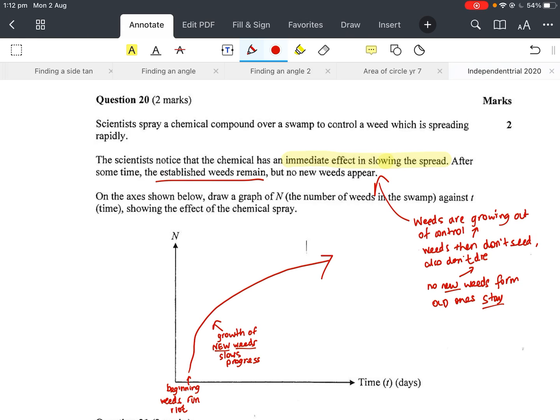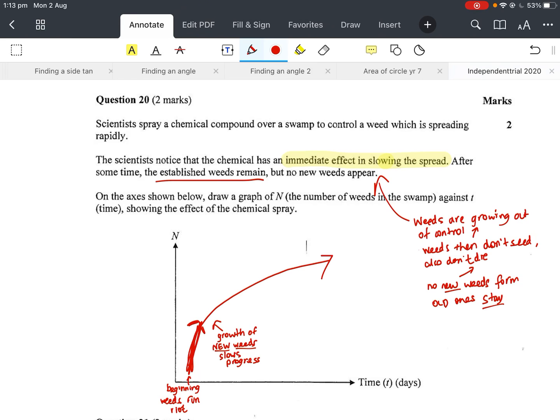Because they're not actually dying, it's actually not a downwards kind of trend. It's actually, they grow fast, but then the growth slows down. So this part of the graph is showing that they're growing fast, and then the weed controller, it's not really a weed killer, is it?